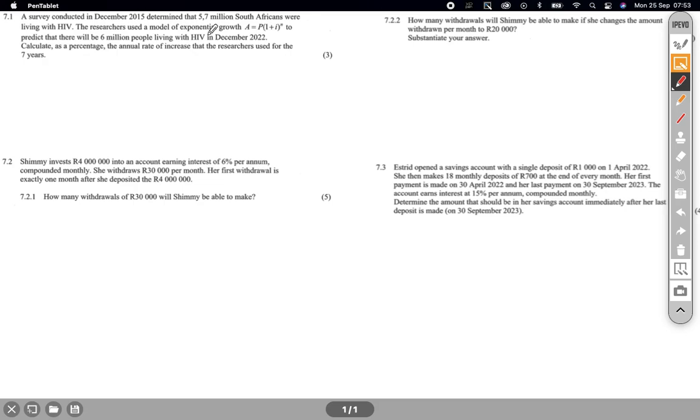Okay, so I want you to think of this as money. So in 2015, you had 5.7 million that you invested. In 2022, the outcome was 6 million. So your P would be 5.7 million.